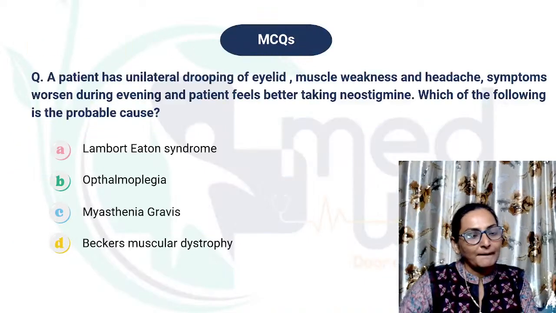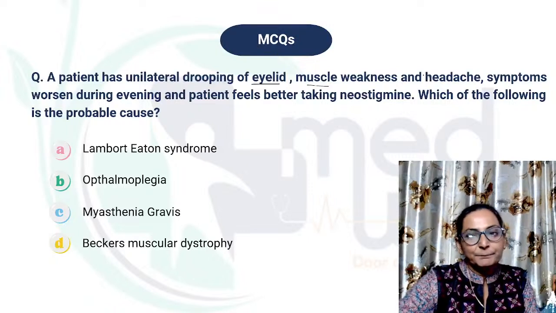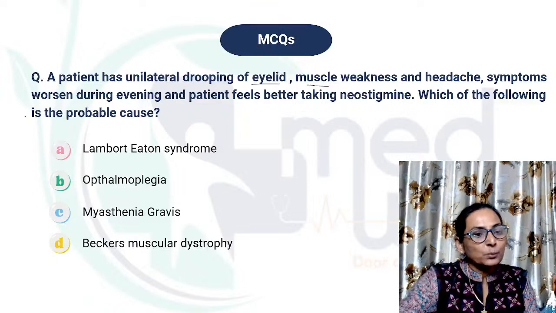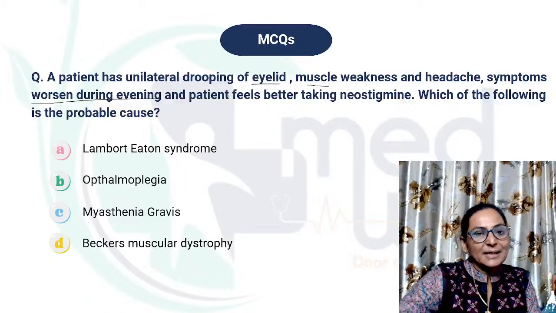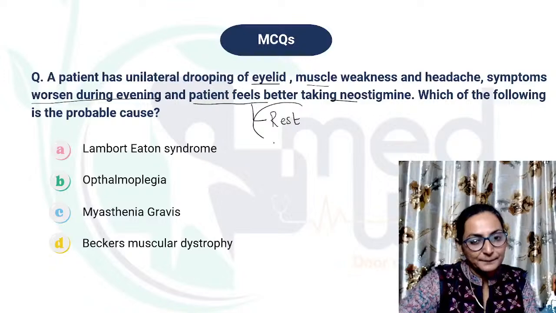Now, a patient having unilateral drooping of the eyelid, muscle weakness, headache, with these symptoms worsening during the evening, and the patient feels better after taking neostigmine, or even feels better after taking rest.